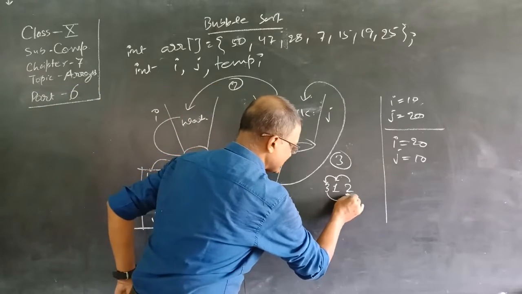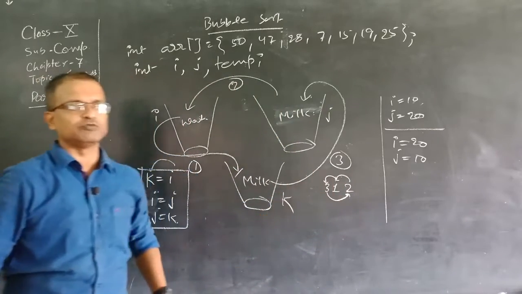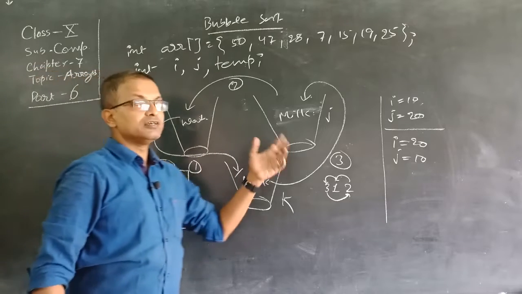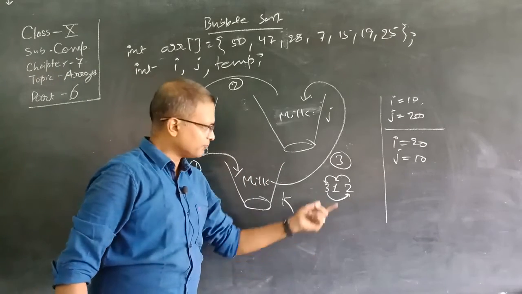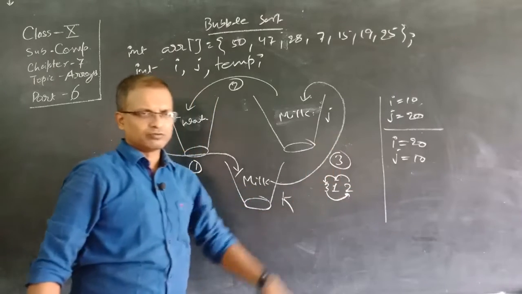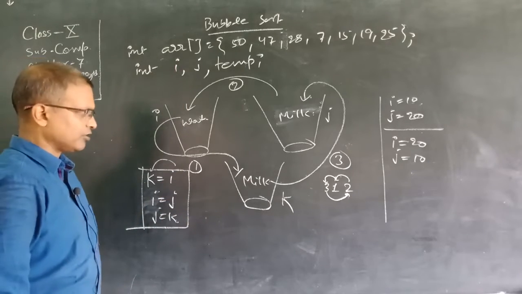So 3, 1, 2. You have to keep in mind this 3, 1, 2 number. This can be called a magic number for swapping. Simple. First in third, second in first, and third in second. 3, 1, 2. Getting my point? So this technique will be applied here in the case of bubble sort.